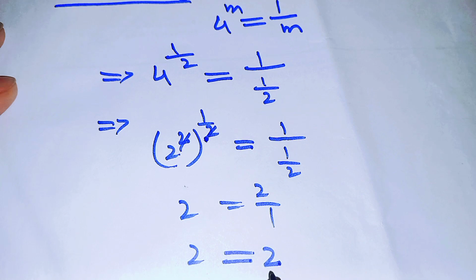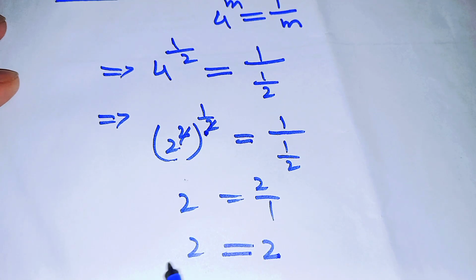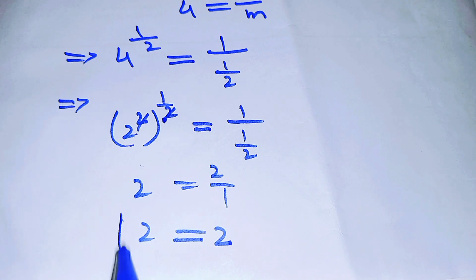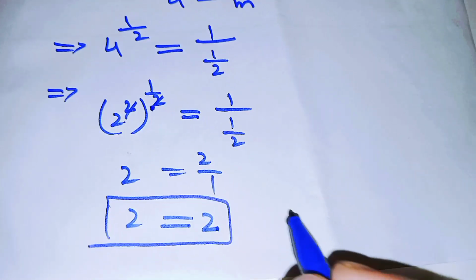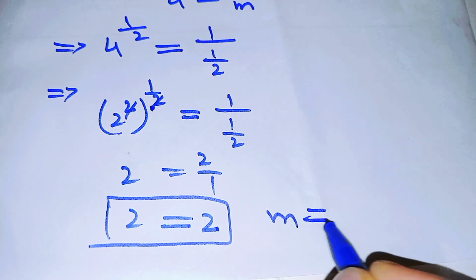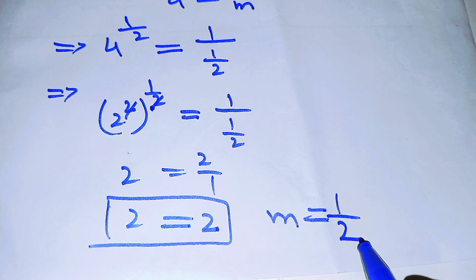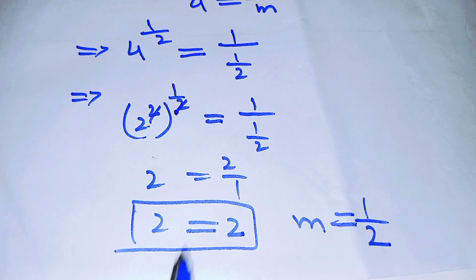So we can write LHS is equal to RHS. So the value of m is equal to 1 over 2, and this is the correct solution.